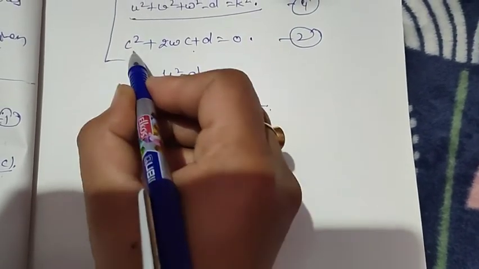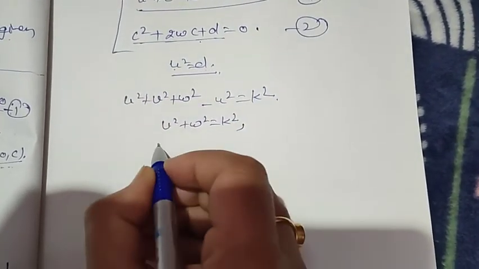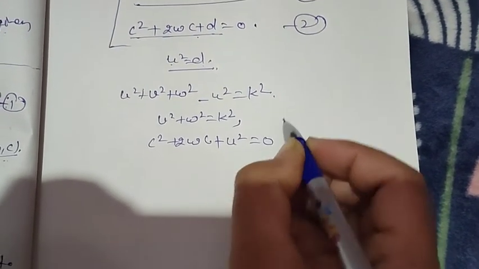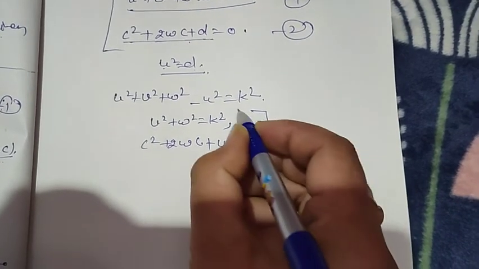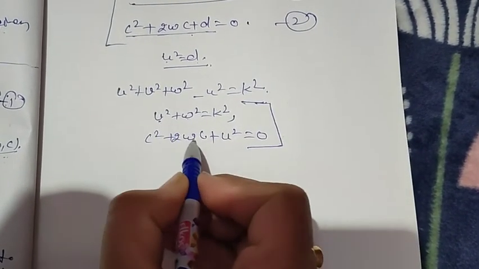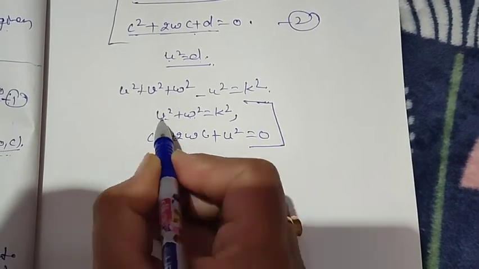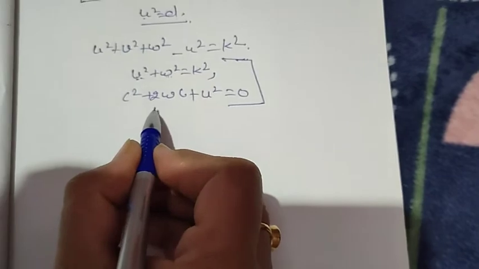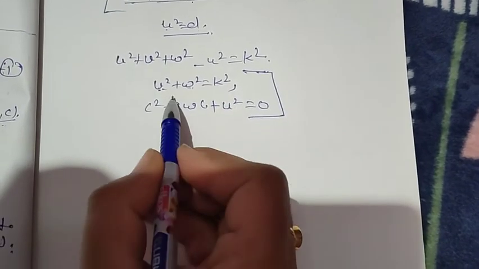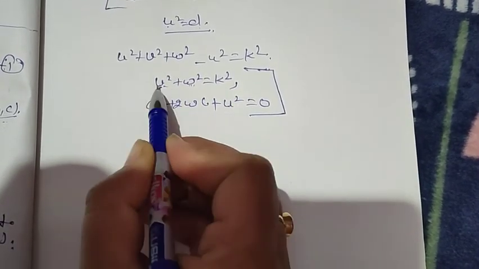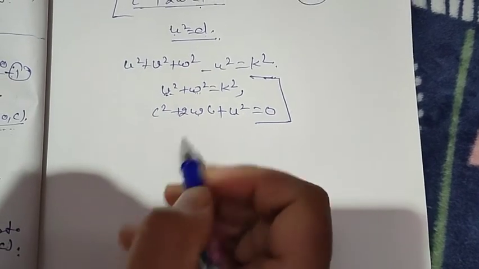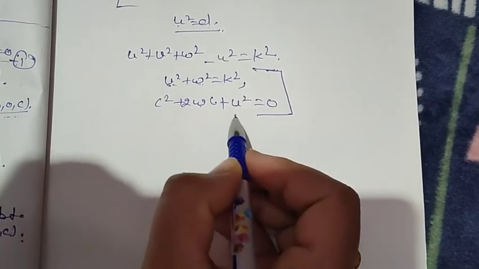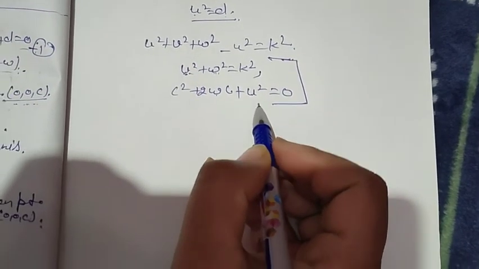Now we put the value of d in the other equation, so c square plus 2wc plus u square is equal to 0. Both equations are in u, v, w, the coordinates of the center, so these equations represent the locus of the center of the sphere.